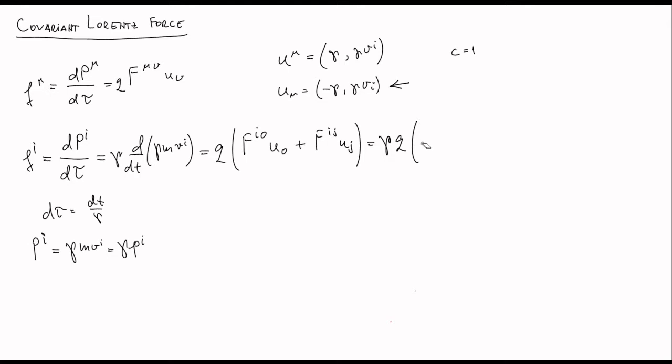And then you have F_i0, so there is a minus here from the u_0 component, and there is also going to be a minus when I use the definition of the electric field in terms of F. On the other hand, we have epsilon_ijk v_j B_k. This is just a cross product between v and B in exactly this order, because j and k follow that order, the i-th component.